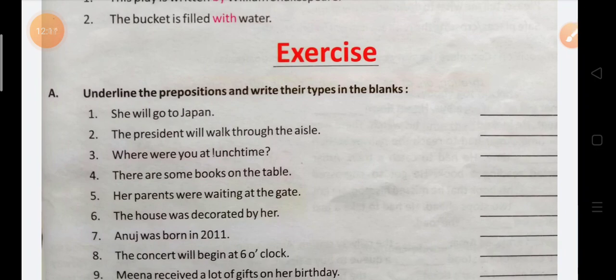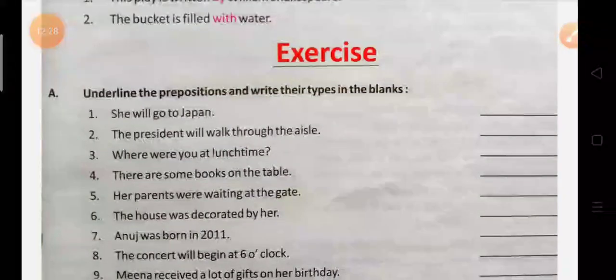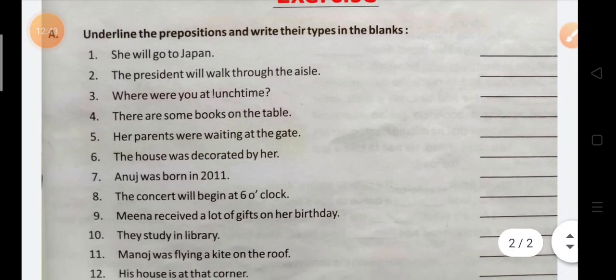I hope that when you read the chapter thoroughly, you will be able to solve these examples. So first you will try to solve this by yourself, and after that I will provide the solved exercises. I will solve it, and I will send all this to your group, so that you can solve in your copy and your book, and you can prepare.